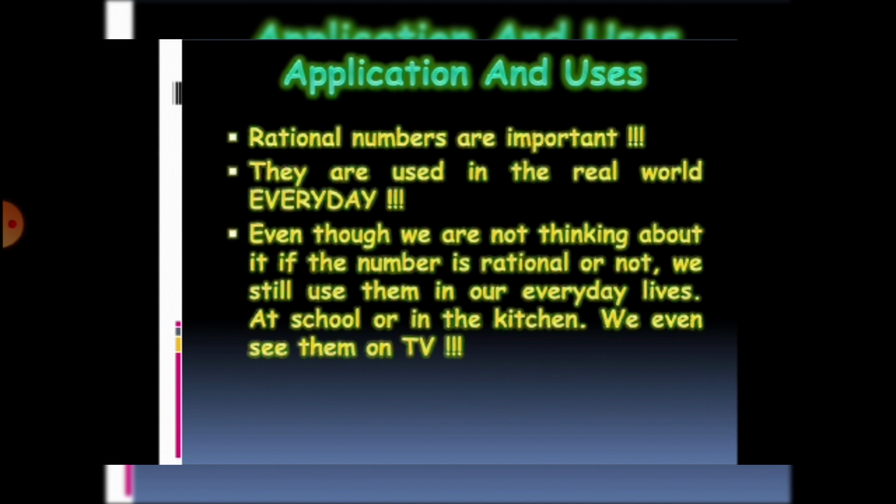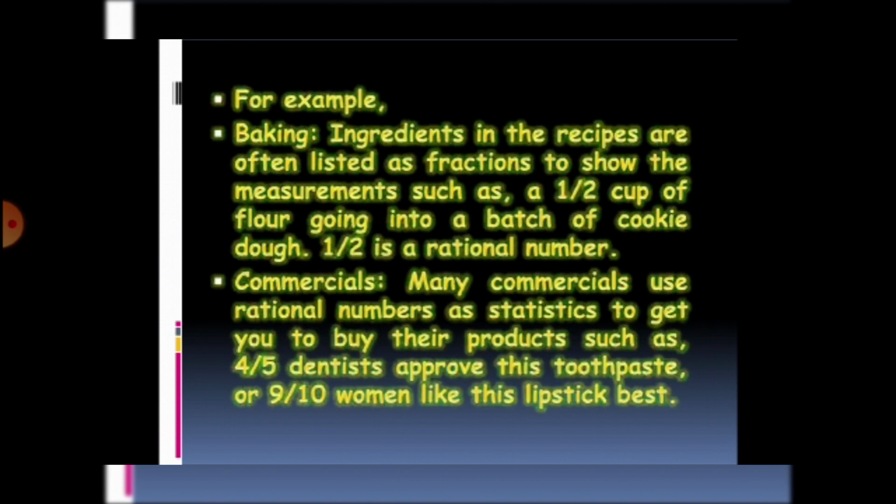Now, applications and uses. Rational numbers are important. They are used in the real world every day. Even though we are not thinking about whether the number is a rational number or not, we still use them in our everyday lives, at school or in the kitchen. We even see them on the TV screen. For example, baking.